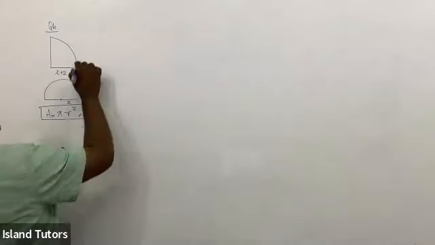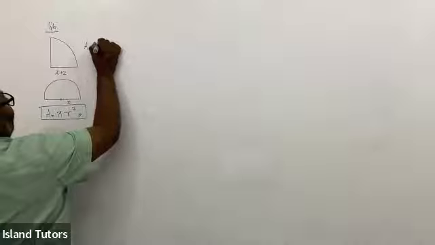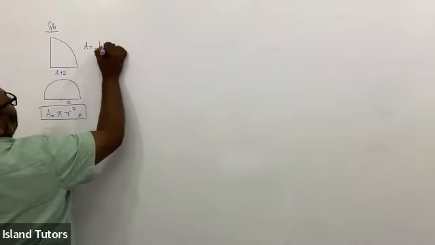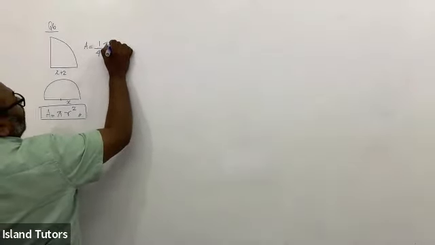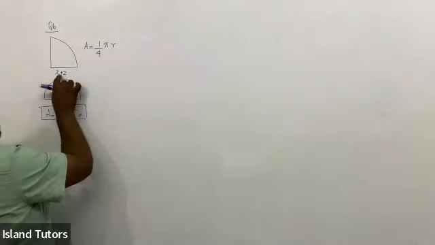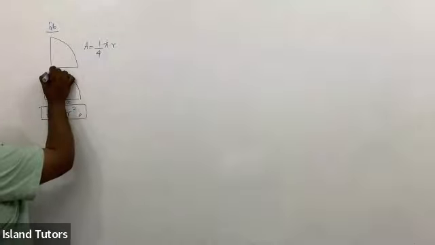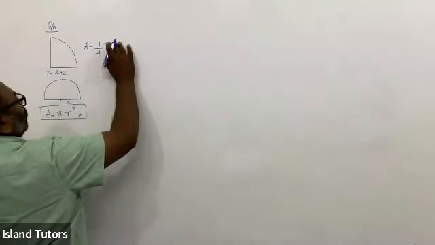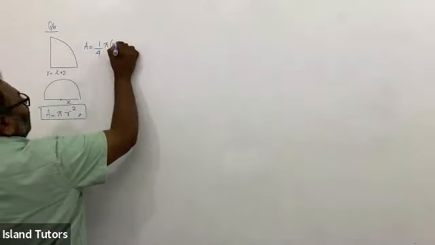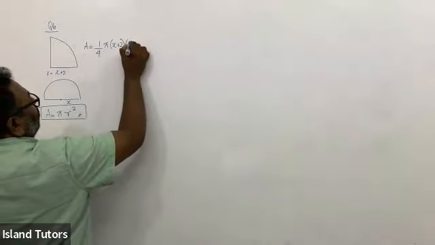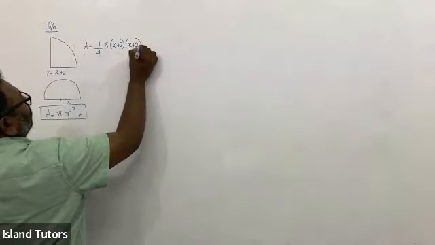What is the area of a quarter circle? 1/4 pi r squared. So instead of r, we have x plus 2, into x plus 2.